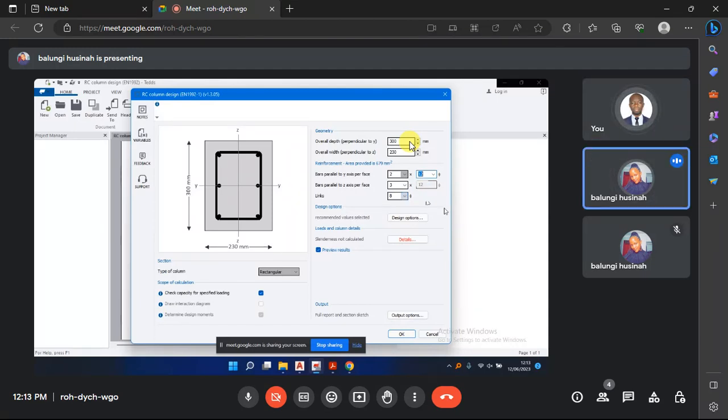So you're seeing bars parallel to the z-axis. Did you put 3? No, this one, the 3 was already there. Design options.